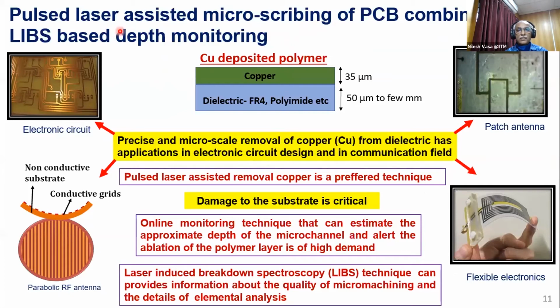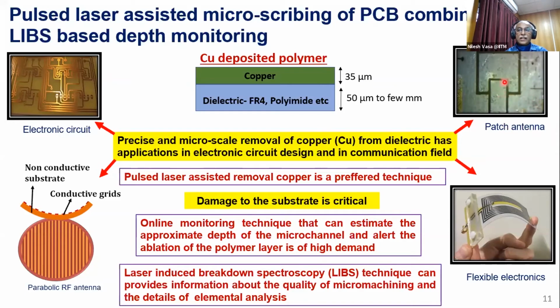So we use the pulse laser micro-scribing approach for certain applications, particularly in order to develop some patch antennas which can be used for various electromagnetic radiation measurements.